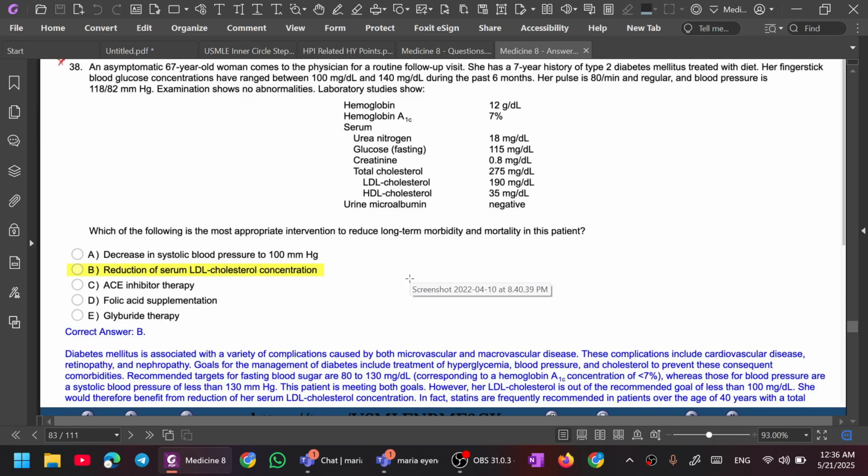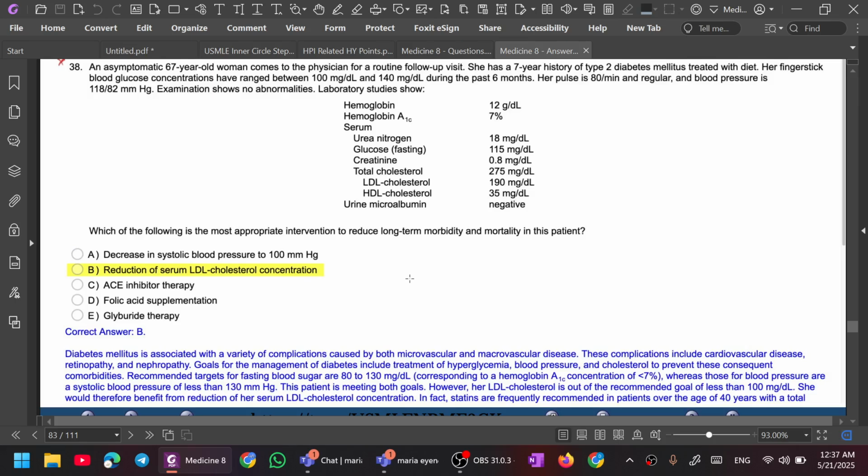Diabetes mellitus is associated with a variety of complications caused by micro and macrovascular disease. These complications include cardiovascular disease, retinopathy, and nephropathy. Goals for the management of diabetes include treatment of hyperglycemia, blood pressure, and cholesterol to prevent the comorbidities.